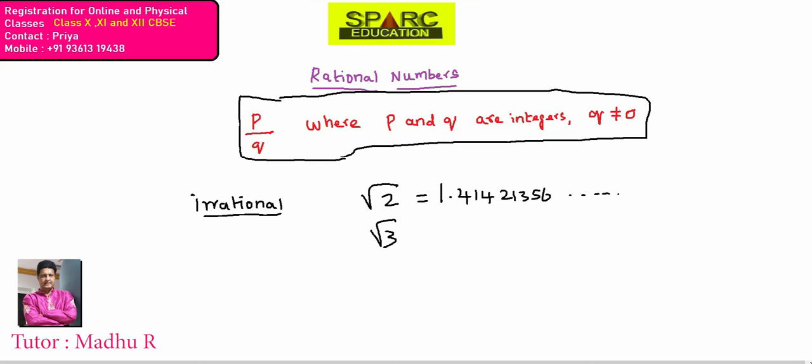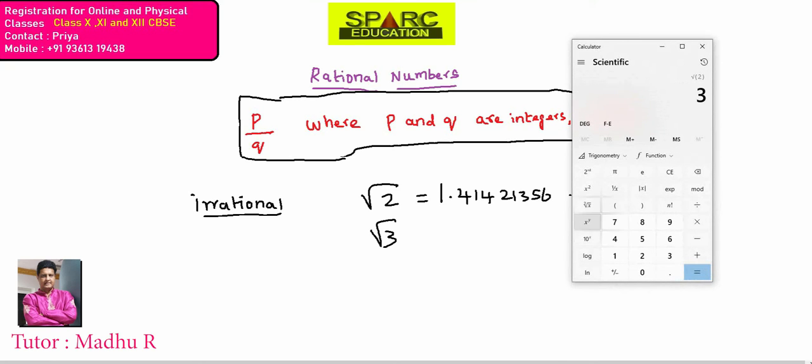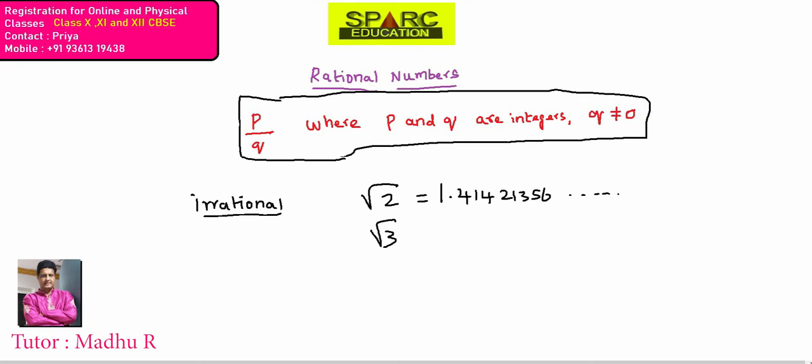What is square root of 3? 1.732050, and it continues. Likewise root 5.